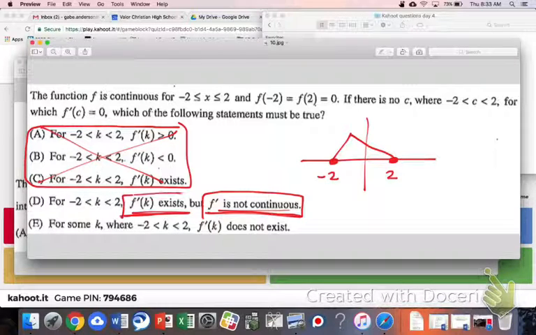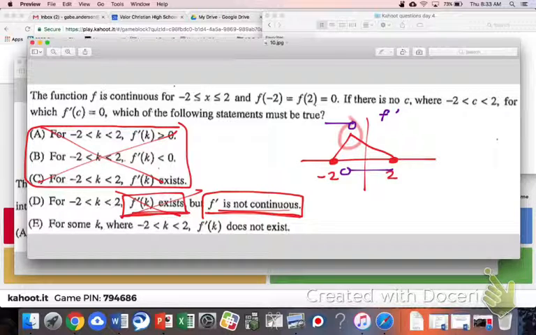But to say that f prime exists is false, because right here at that sharp point, that would be a place where f prime doesn't exist. So for example, if I use that graph and I tried to graph f prime right on top of it, f prime would look something like that. It would be a double open circle on that sharp point, and the double open just means that f prime doesn't exist there at all.